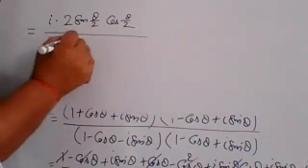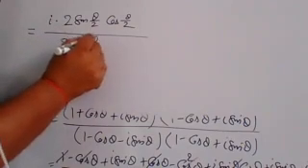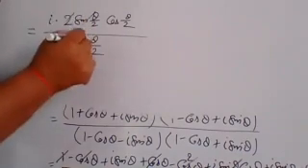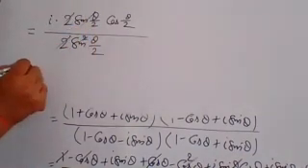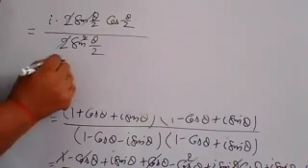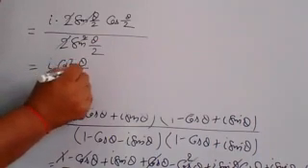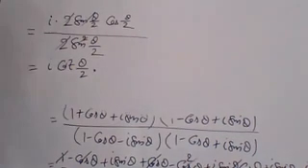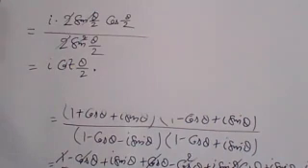So 2 and 2 are cancelled out, one power of sine is cancelled out. And here you have I times of cot theta by 2. I cot theta by 2 is your final answer. Okay, so its value is I cot theta by 2.